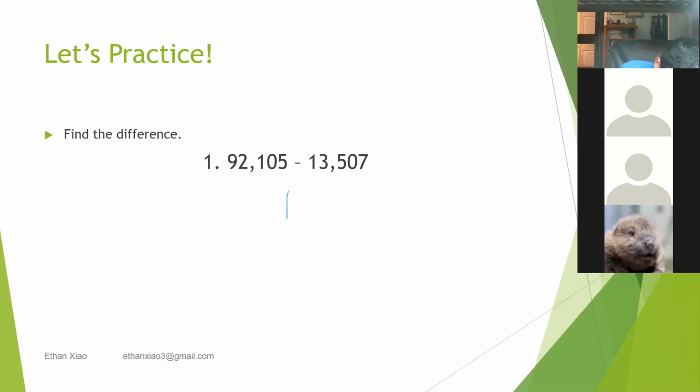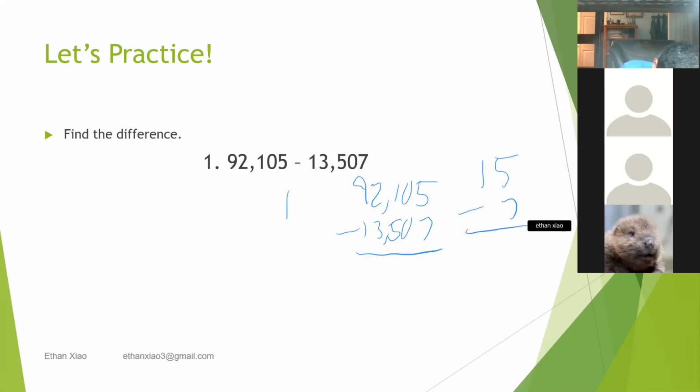What I'm going to do is write it like this. 5 minus 7, we can't do 5 minus 7, so I add 10 to 5, which makes it 15. 15 minus 7 is 8, so we put 8 here, and we subtract 1.